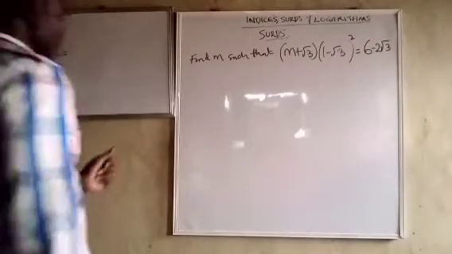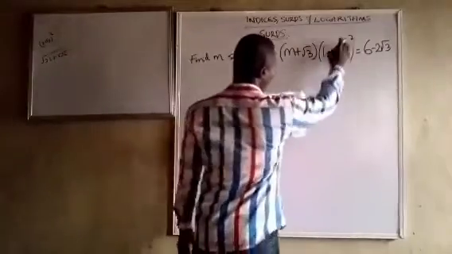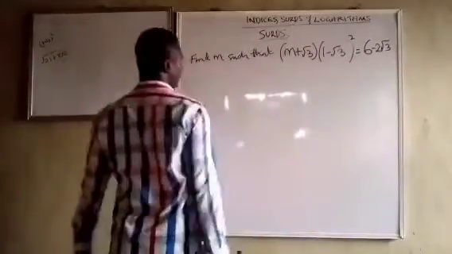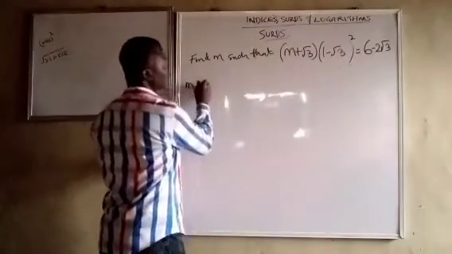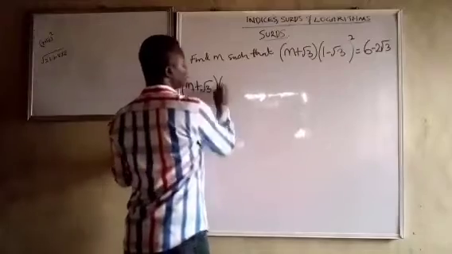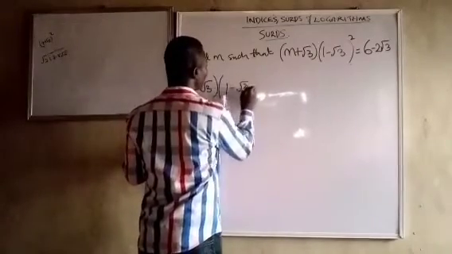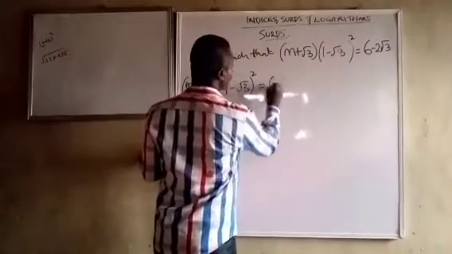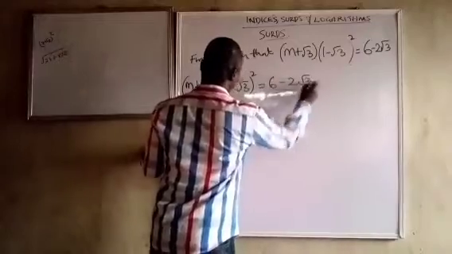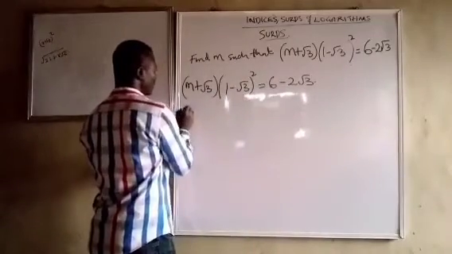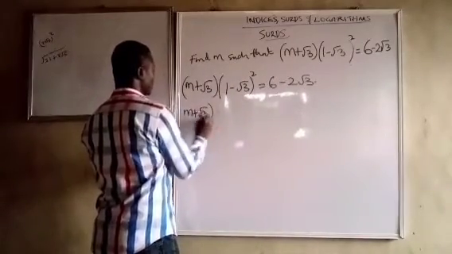Now let's look at this question. We have m plus root 3 into 1 minus root 3 all squared is equal to 6 minus 2 root 3. Let's work this out. It's going to be m plus root 3.